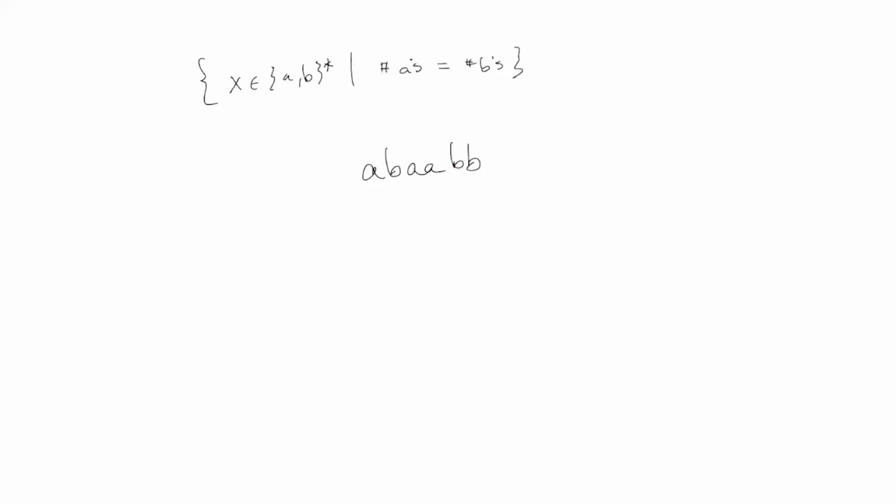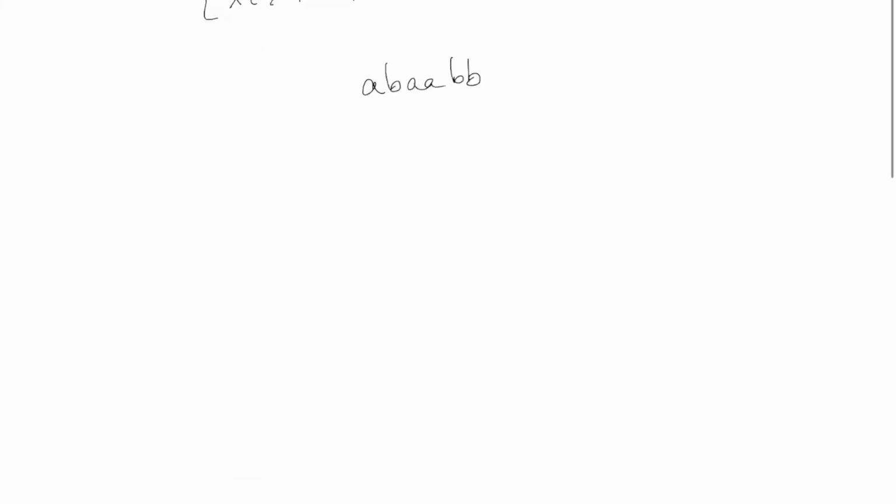Because I want the same number of A's and B's, I'm going to match up each A with a B. Only I have no idea where they're going to be, so you just have to look through the whole string. Seeing this A, I go across the whole string looking for a B. And then once I find it, I'll mark off the B, and then I'm just going to go all the way back to the beginning and then repeat the process again. That's my basic strategy here. I hope that made sense.